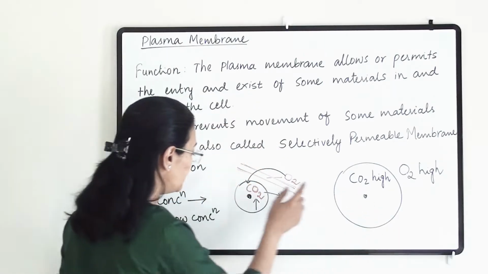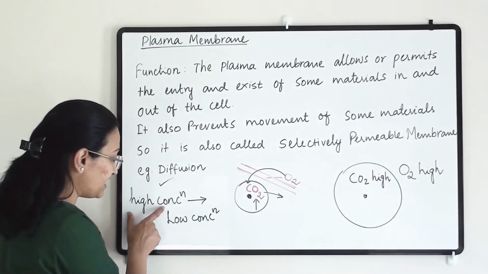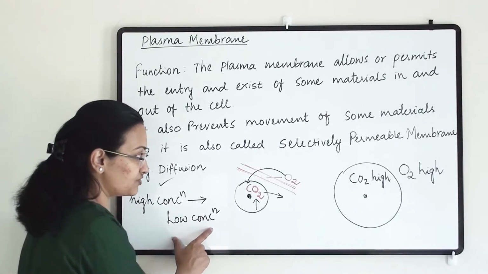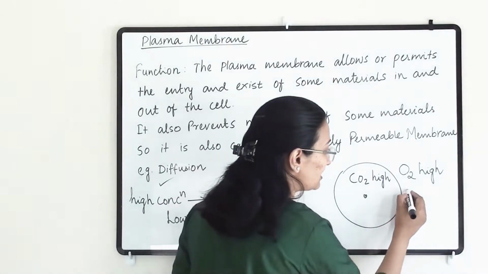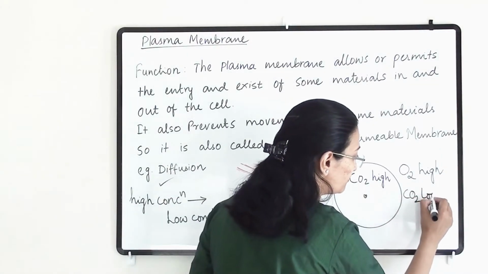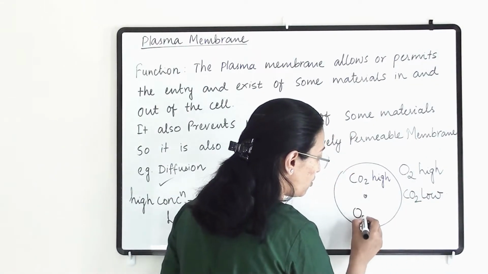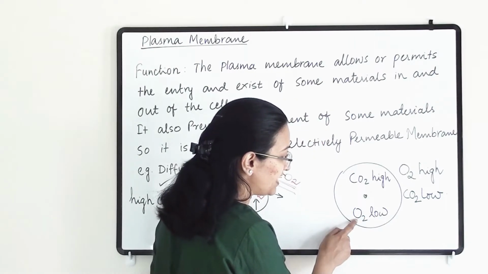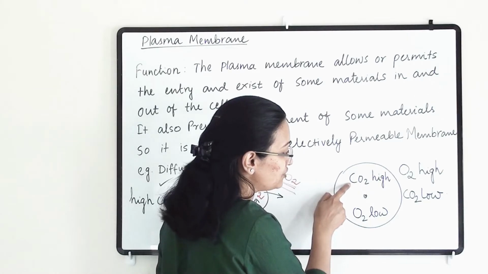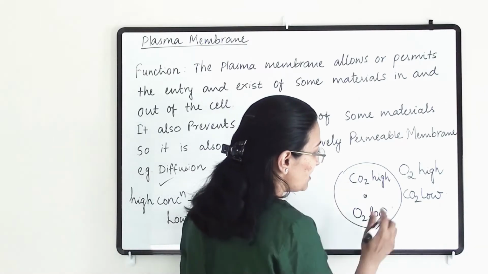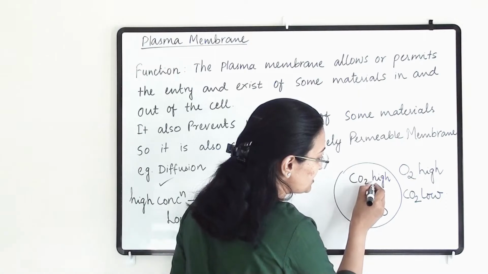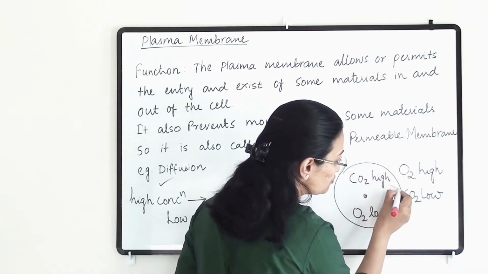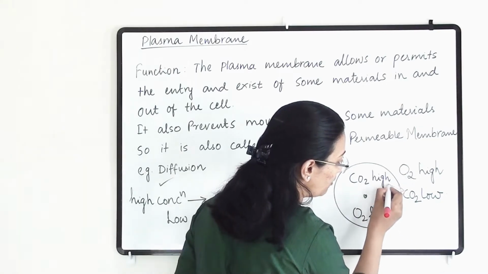Now, as per the law of diffusion, material will go from high concentration to low concentration. So outside, the carbon dioxide level is low, and inside the oxygen level is low because all the oxygen has been used up in the activity and converted into carbon dioxide. Where the high concentration is, from there the material will go to low concentration. So carbon dioxide will go out.